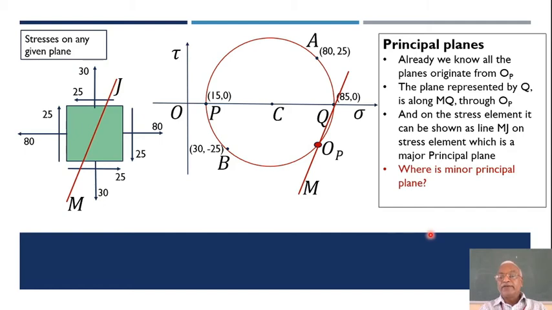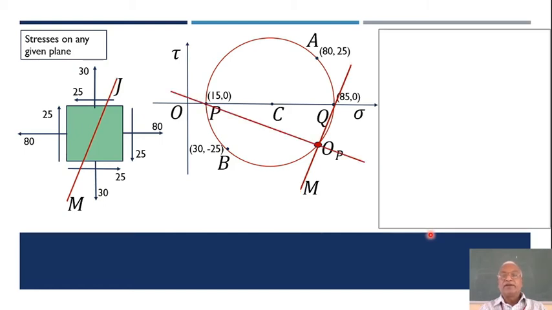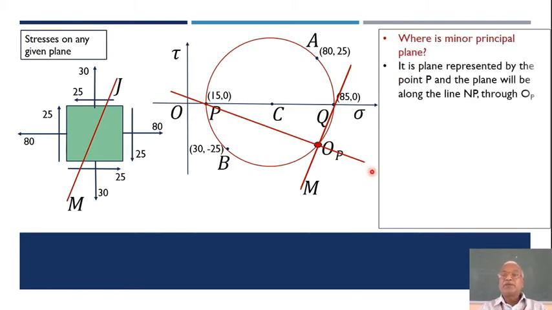Now similarly, where is the minor principal plane? That is the one. So from the origin of planes to the point where the plane is represented, OP to P, that line represents the minor principal plane. It is the plane represented by the point P, and the plane will be along the line NP.